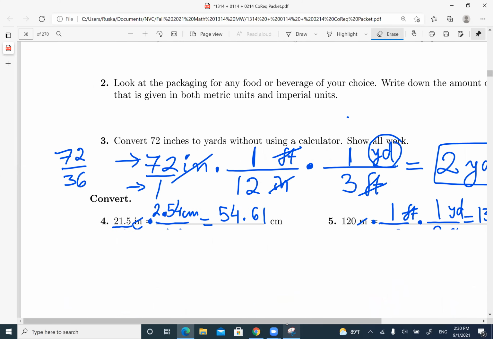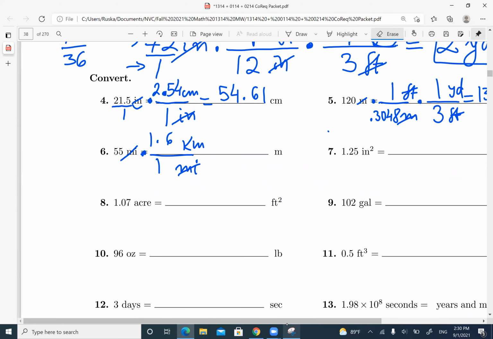Okay, so in page 38, when I multiply 55 times 1.6, it's going to be 88. And then I need to move it 3 places to the right.